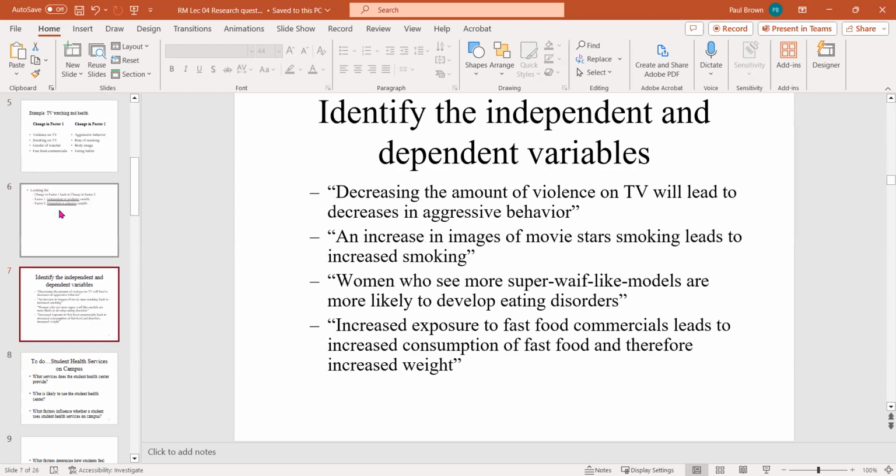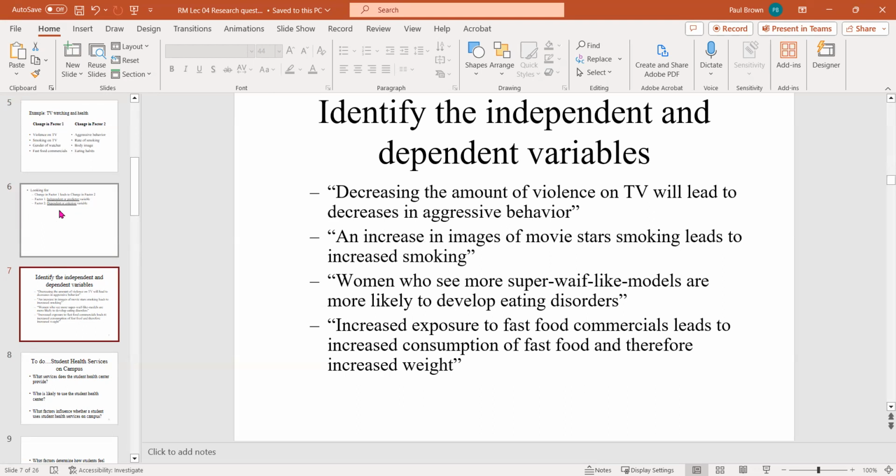Okay. So with independent variables, let's take this last one. Increased exposure to food commercials leads to increased consumption of fast food and therefore increased weight. What are the independent and dependent variables in that last one? Increased exposure to food commercials leads to increased consumption of fast food and therefore increased weight.